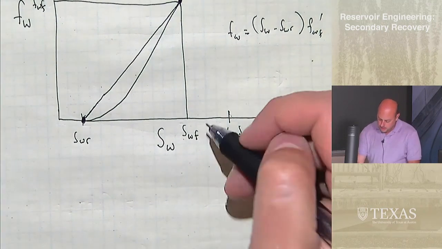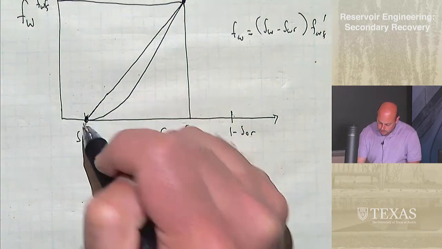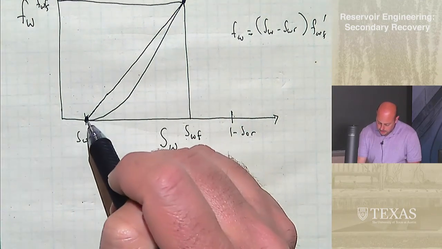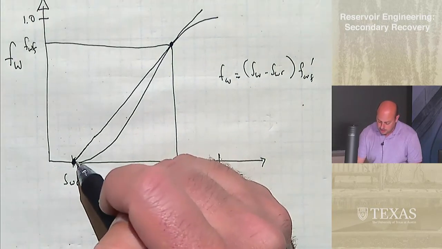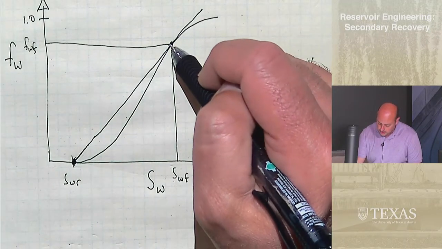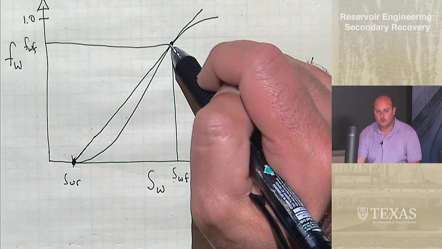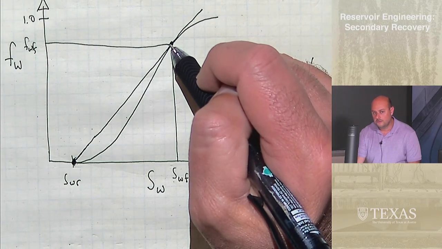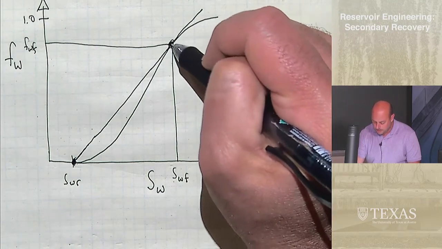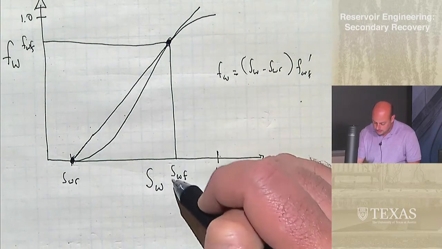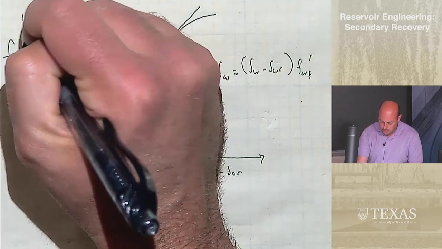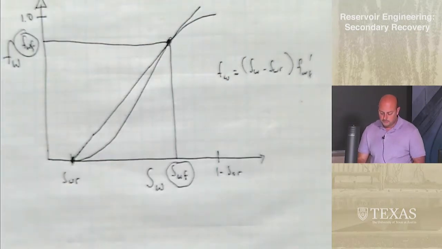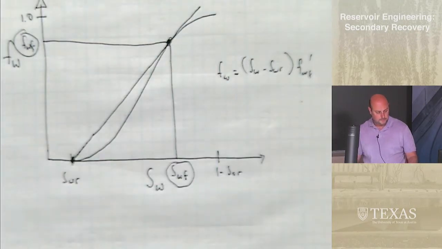But the key point is that if you draw this line from your initial saturation, in this case our irreducible water saturation, such that it is a tangent with one point where it touches the fractional flow curve, that point is the front water saturation, which is what we wanted, and also the front fractional flow of water.